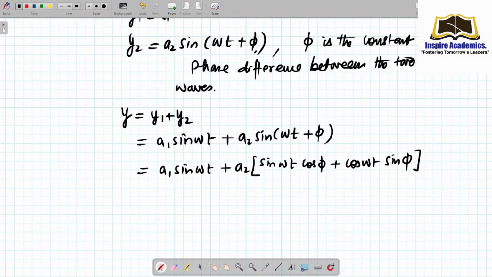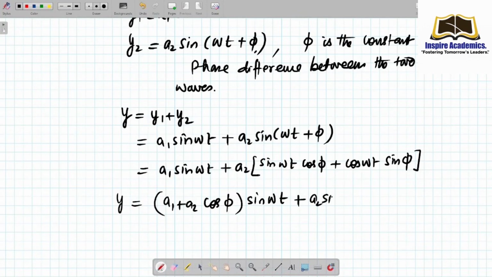So further I would be able to write this whole thing y as a1 plus a2 cos phi into sine omega t plus a2 sine phi cos omega t. Now what shall we do?